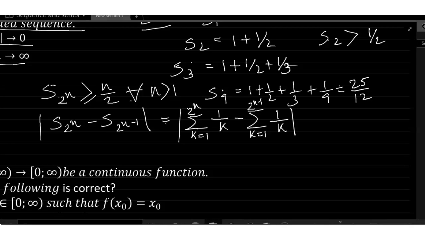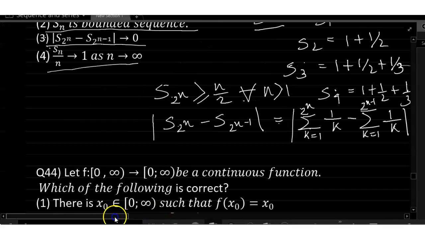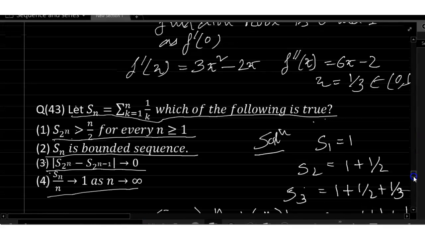So that this portion, Sn is bounded, is wrong.